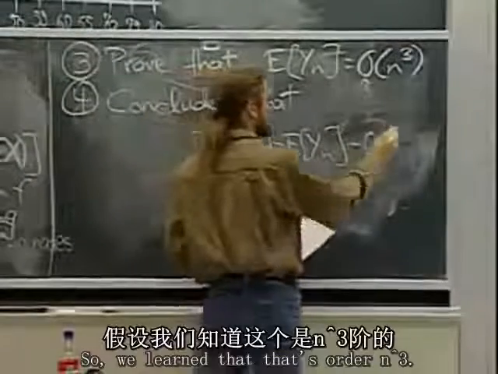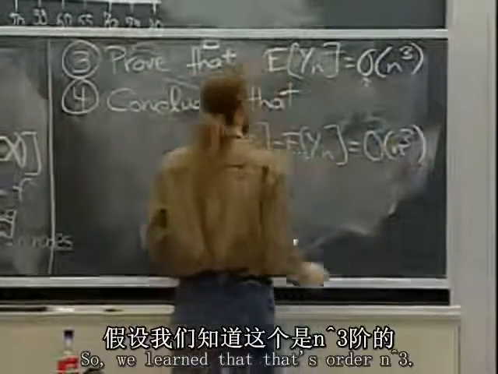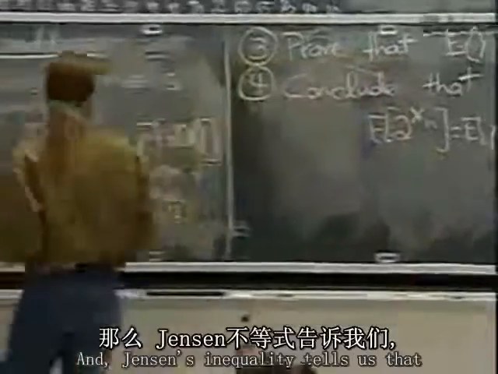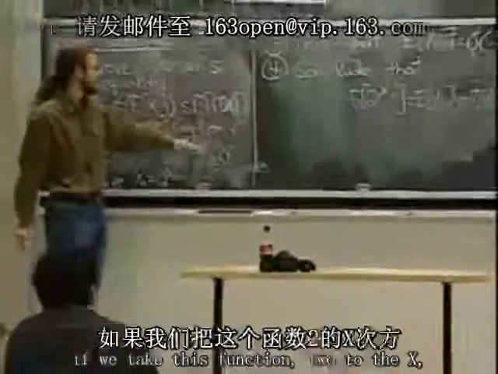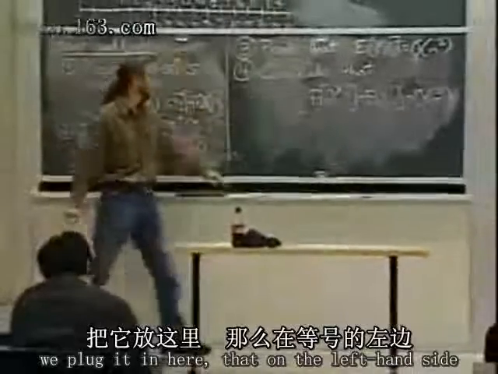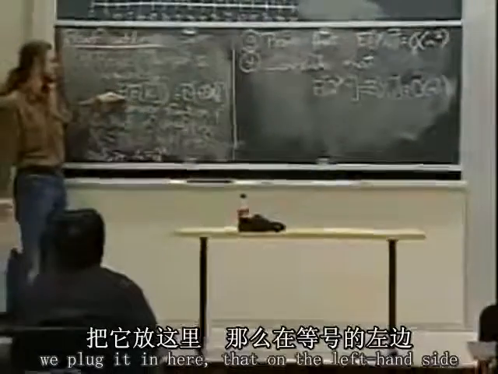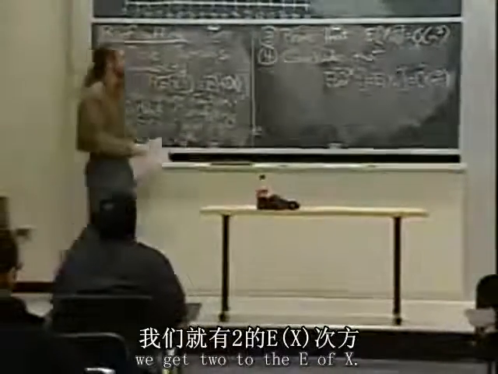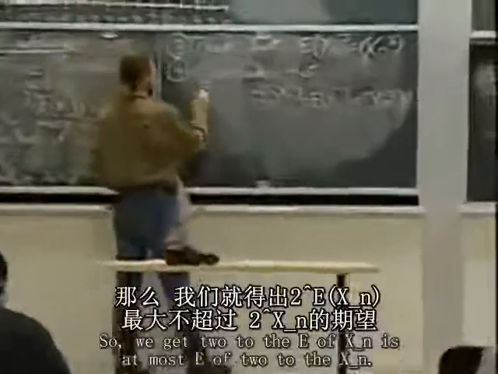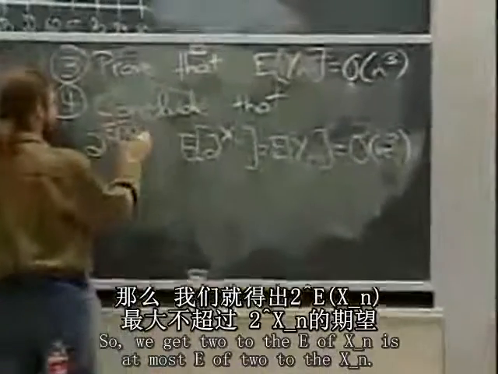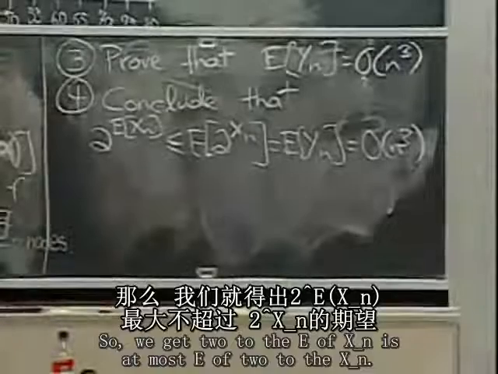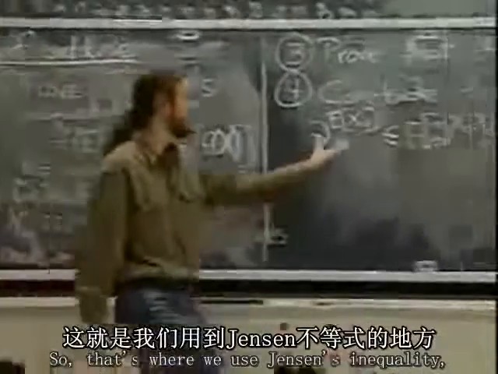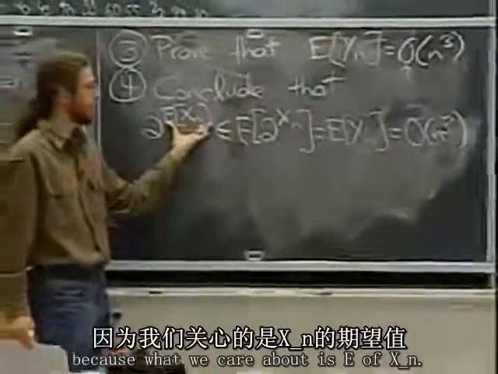So we learn that that's order n cubed. And Jensen's inequality tells us if we take this function 2 to the x and plug it in here, then on the left-hand side, we get 2 to the E of X. So we get 2 to the E of Xn is at most E of 2 to the Xn. So that's where we use Jensen's inequality, because what we care about is E of Xn.